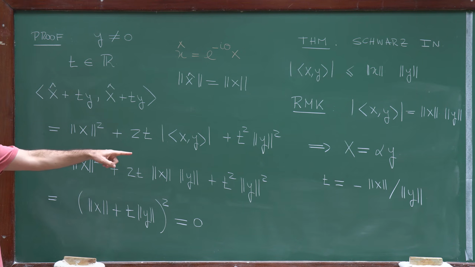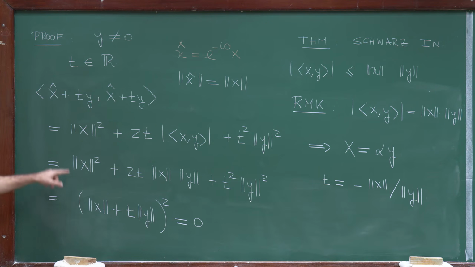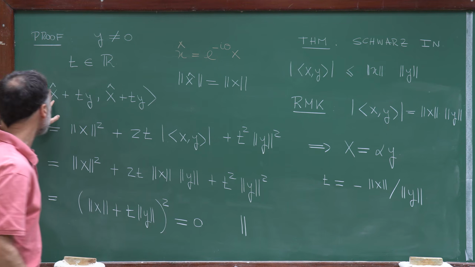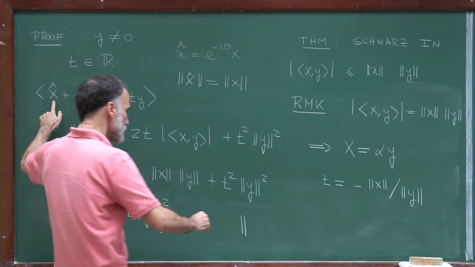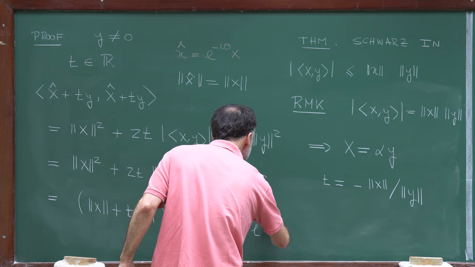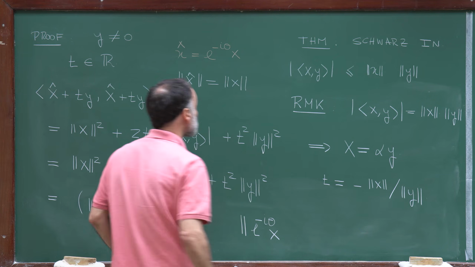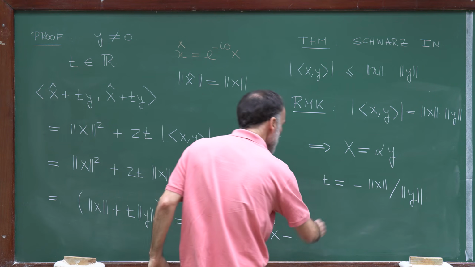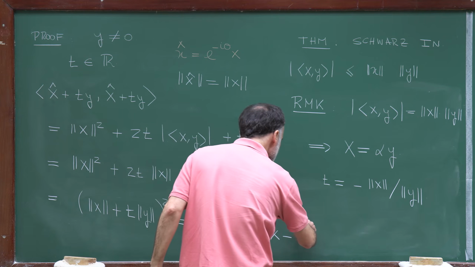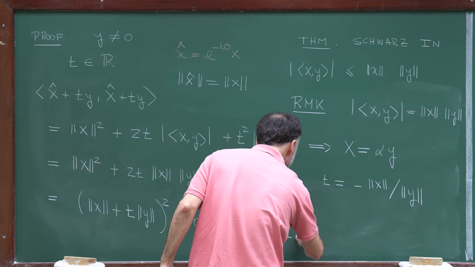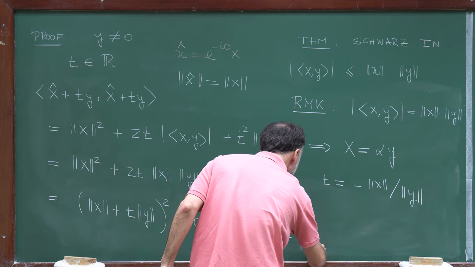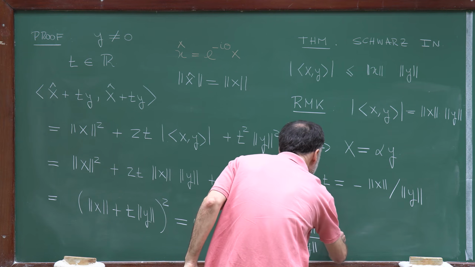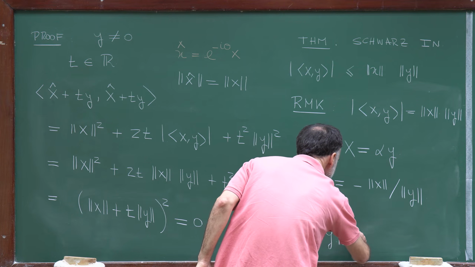So by choosing that t, I get that this expression is 0, and therefore the norm of x hat plus t y, where x hat is exponential minus i theta x and t is chosen as minus the norm of x divided by the norm of y, is equal to 0.